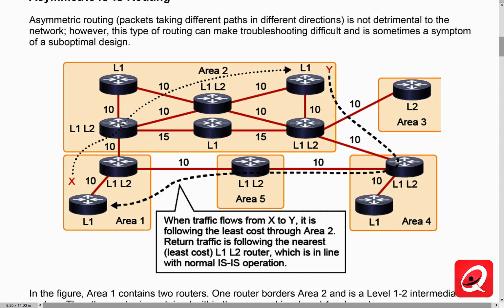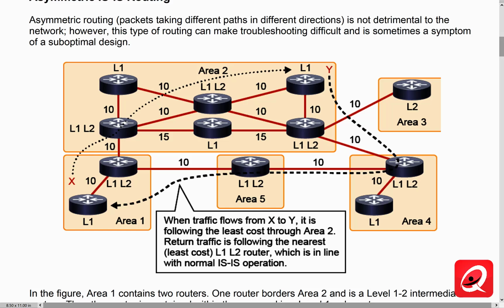If that middle router fails, then the other level 1 only routers are going to remain level 1 routers, and our backbone will basically be broken. So it's probably not the best design from a redundancy standpoint, but you get the idea.